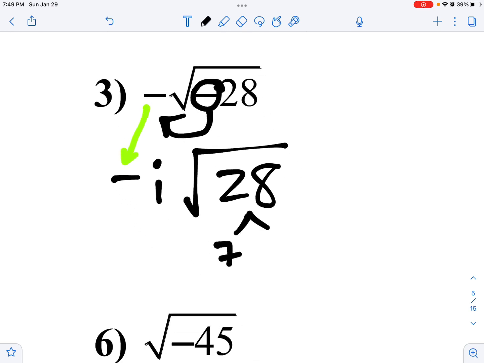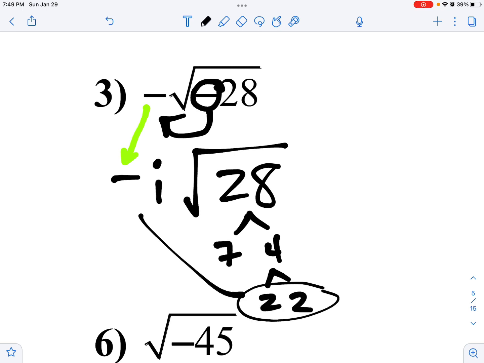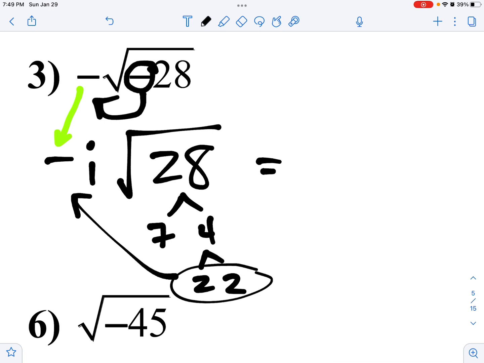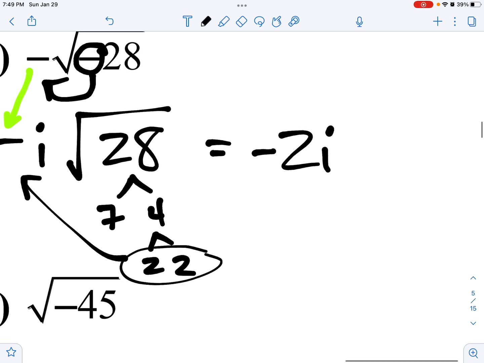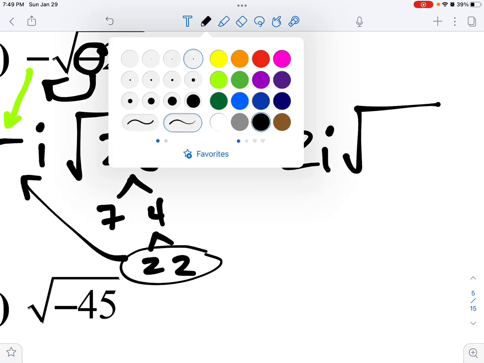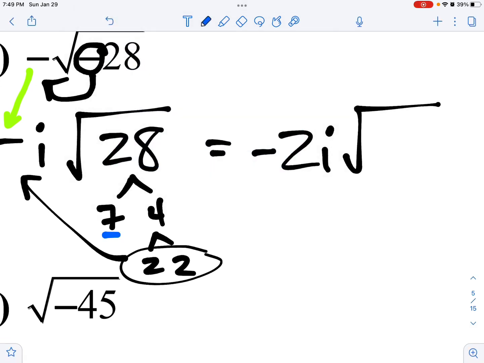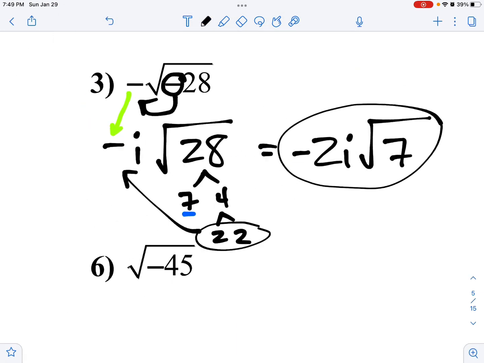So it's 7 times 4, 2 and 2. Found a group of 2. This comes out. So the way I'm going to write my final answer is that 2 comes out along with the negative i that's already there. And the number that has to stay in is the number that didn't get circled, which was that 7. So there is my answer.